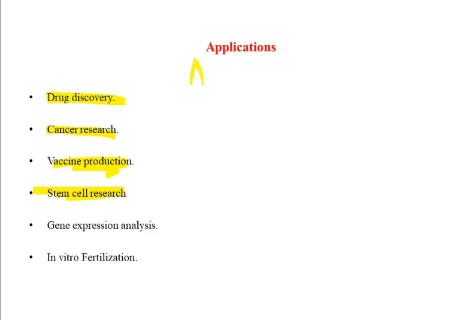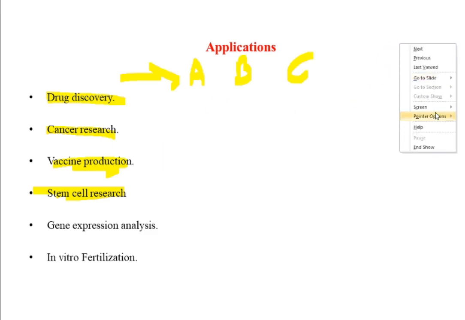So you have chemical A and chemical B and chemical C, and you think all of these can effectively work as an anti-cancerous drug. For that you have to test it, because science requires proof.